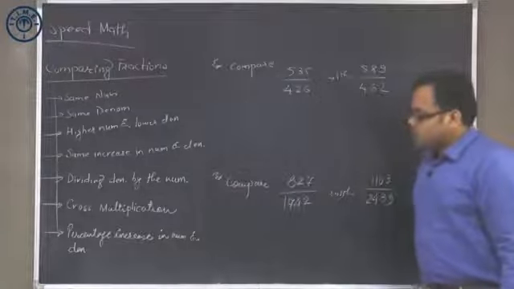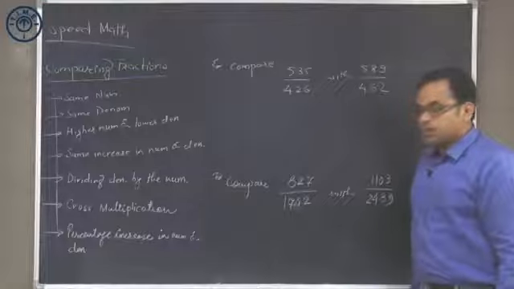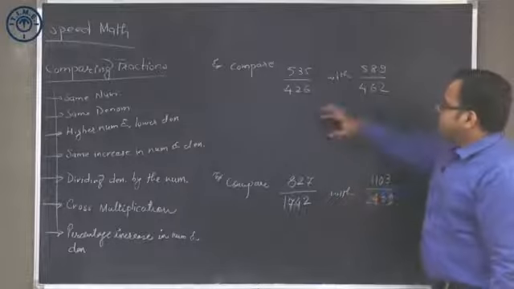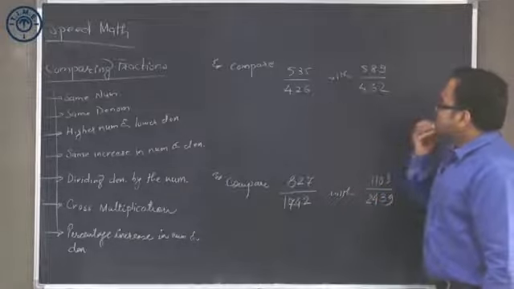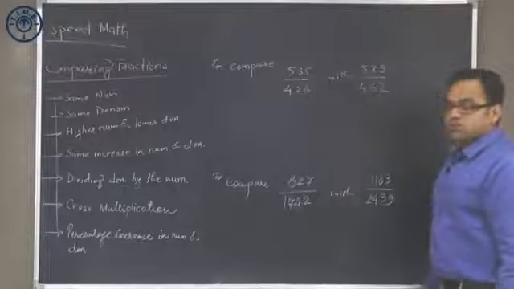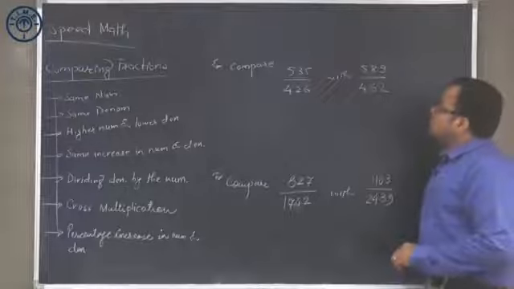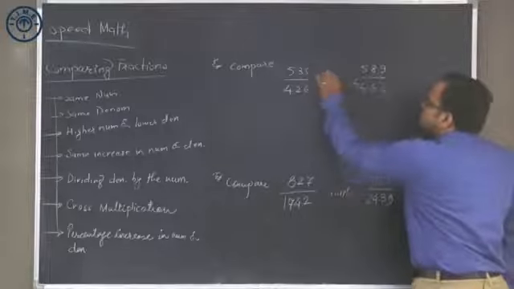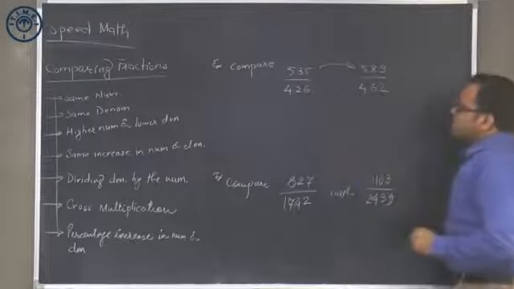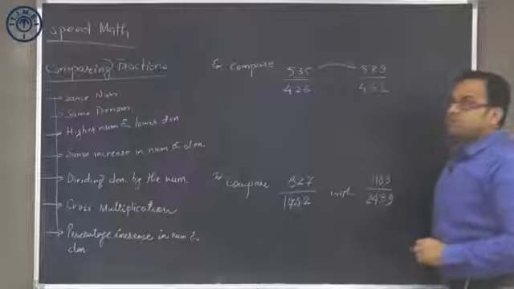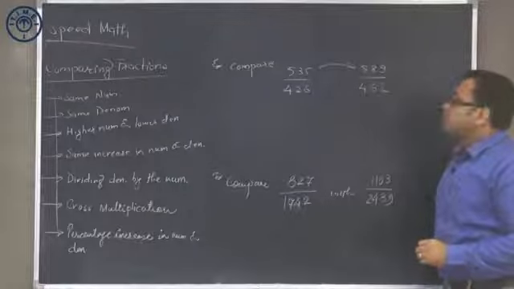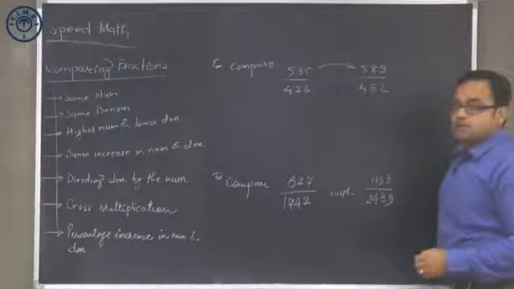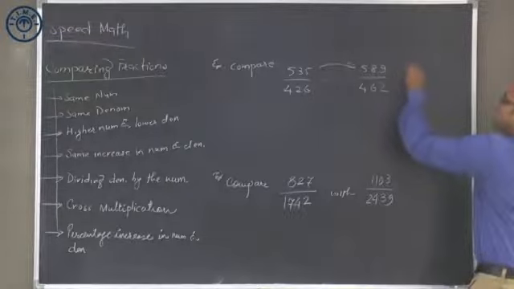Okay, so the last method, percentage increase in numerator and denominator. The idea would be, let us say I have to compare 535 upon 426 with 589 upon 462. What we will do is 535 to 589. 535 10% would be 53.5, 535 plus 53 will be 589, so this is slightly above 10%.